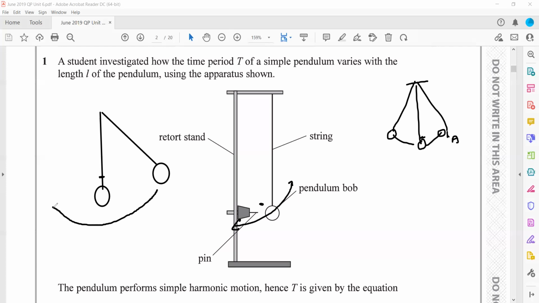Every time it vibrates, it goes to the other side and then returns. That's one time. So every time it will pass through this point. But why not the starting point, the extreme position? Because the pendulum loses its energy, so it won't return to the same original position. So it won't give a correct reference.